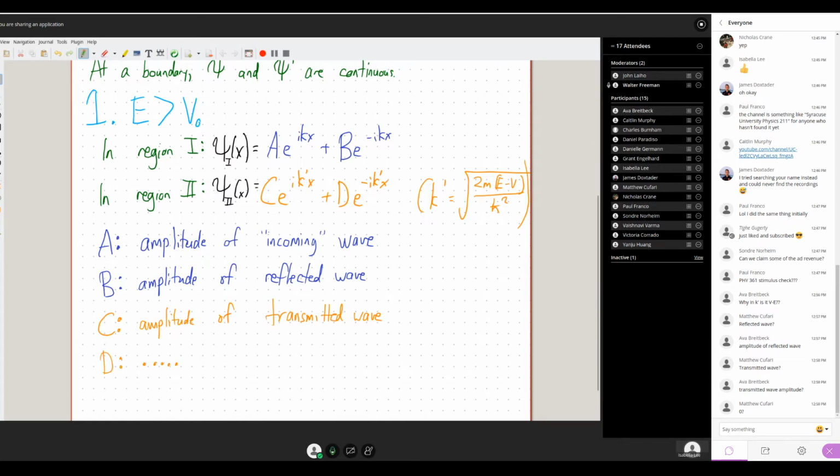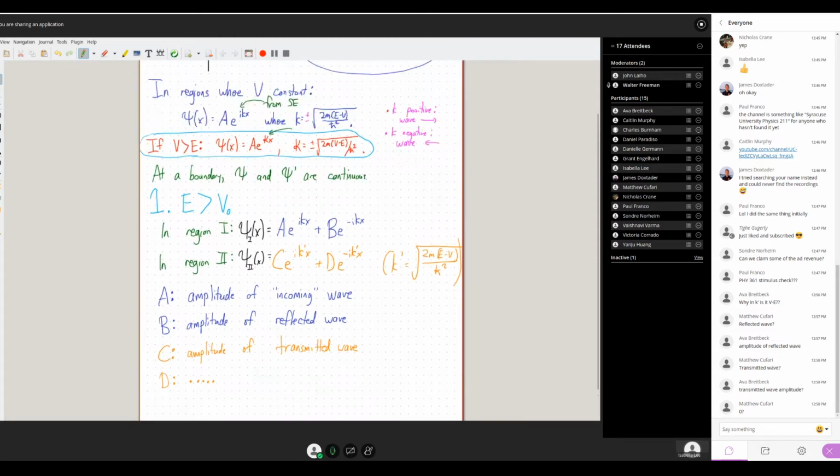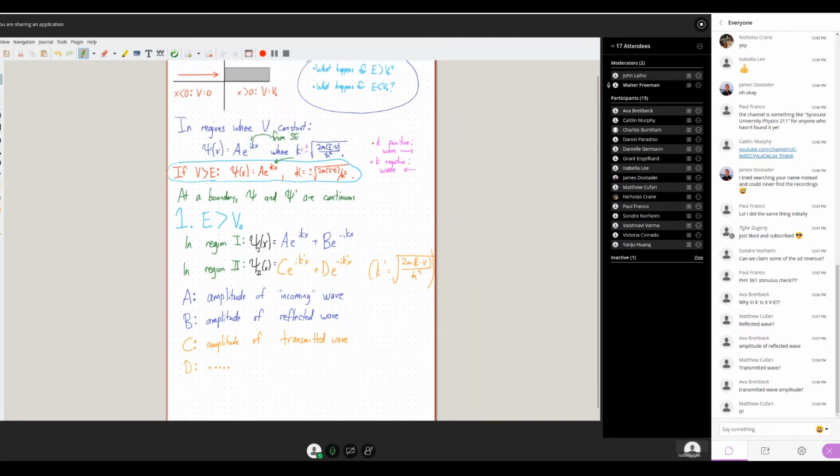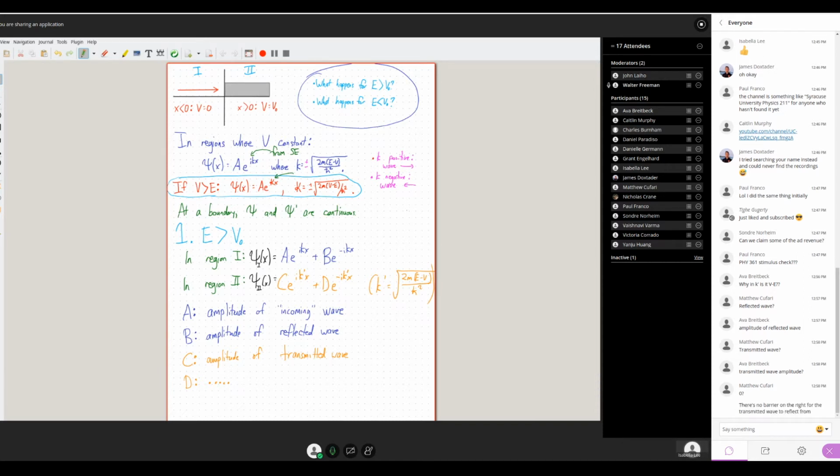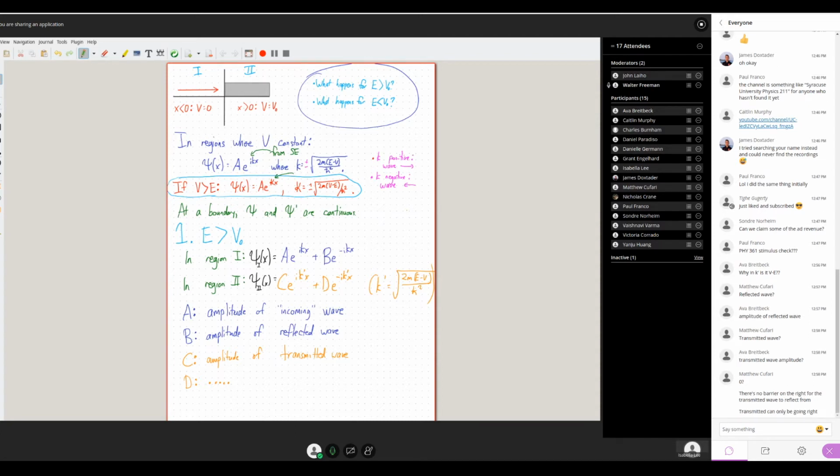Zero, yes. Why zero, Matthew? You're right, but tell me why it's zero. Yeah, the transmitted wave is not reflecting off of anything. That would imply that somebody is on the right-hand side throwing particles back to the left.